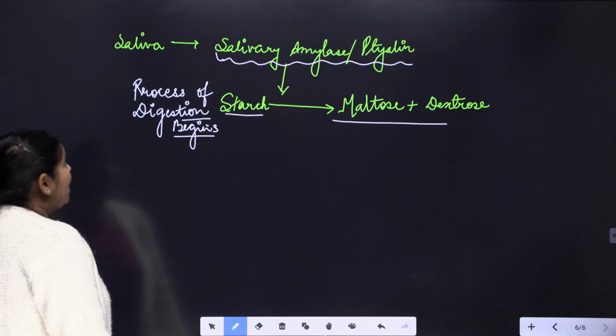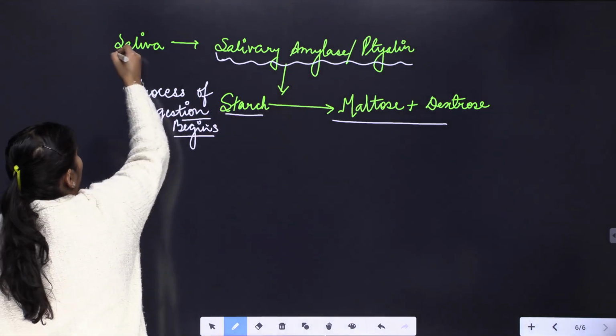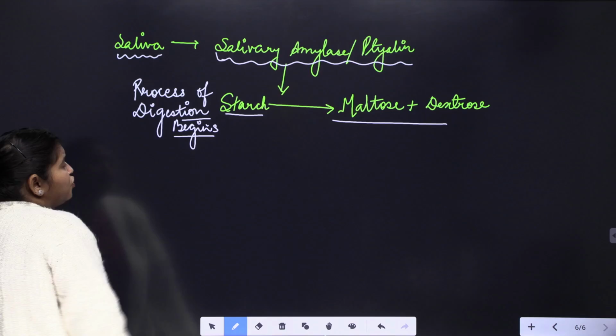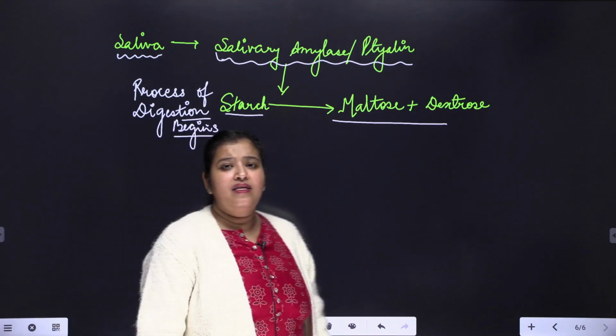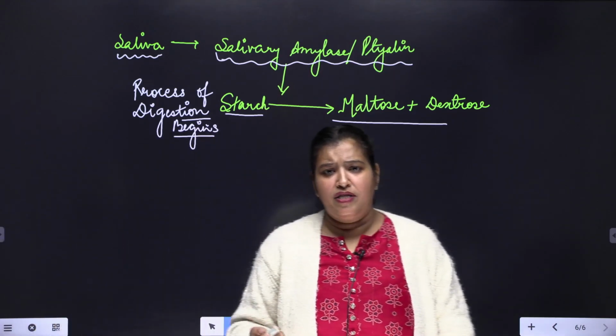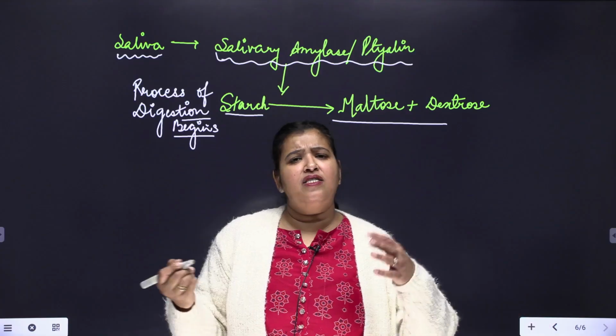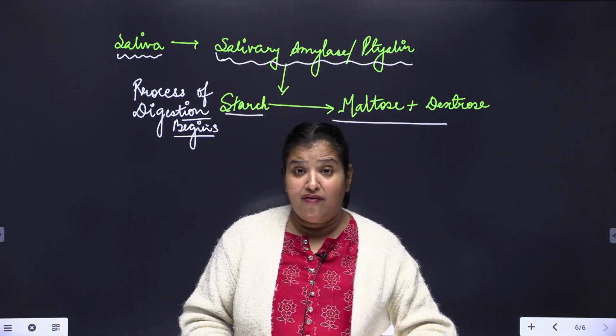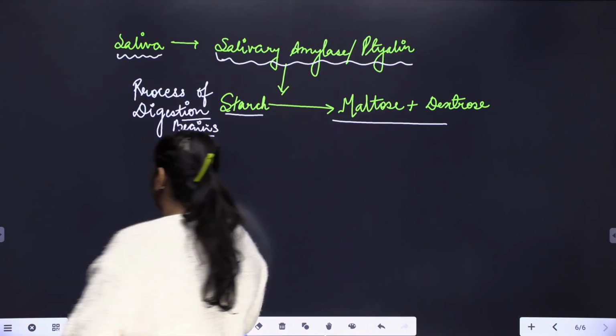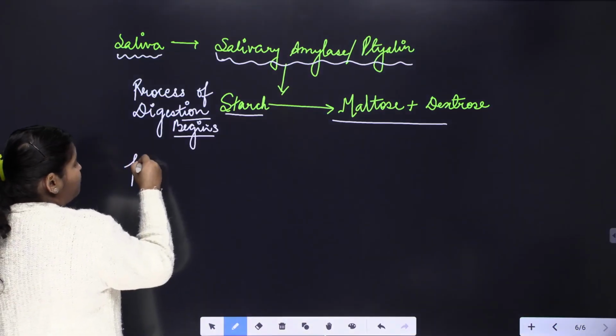Now, I was saying about saliva. Saliva has water as its main component. It has other electrolytes also, which maintain a balanced pH in the buccal cavity. Therefore, children, you need to keep in mind the pH of saliva.